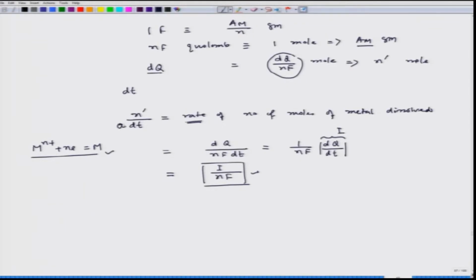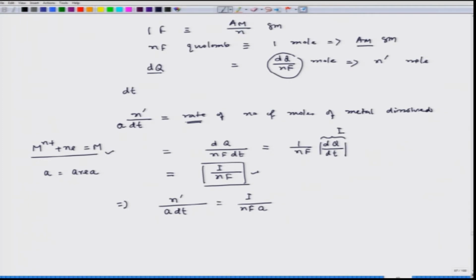So, let us say small a is the area. I can put it as n prime by A dt equal to I by nFA.